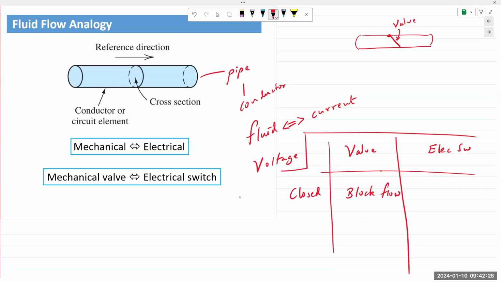An electrical switch is the exact opposite. Electrical switch is noted by something like this. Okay, and again, we'll see these a lot in chapter 4. So electrical switch, if it's closed, it will permit the flow.